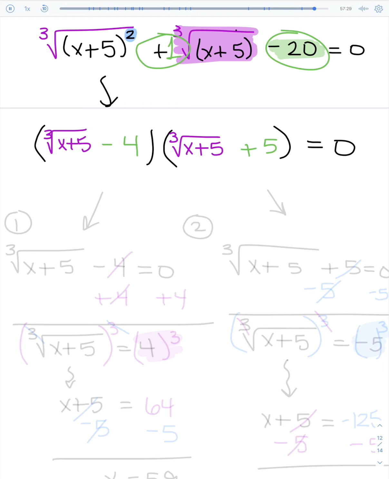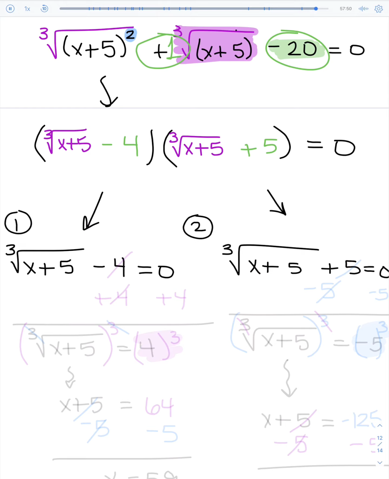Once it's factored, you set both pieces equal to 0. So we can take the cube root of x plus 5 minus 4 equals 0, and the cube root of x plus 5 plus 5 equals 0. Those will be our 2 equations.